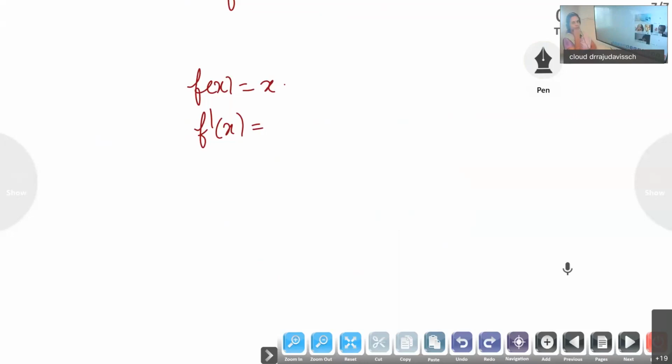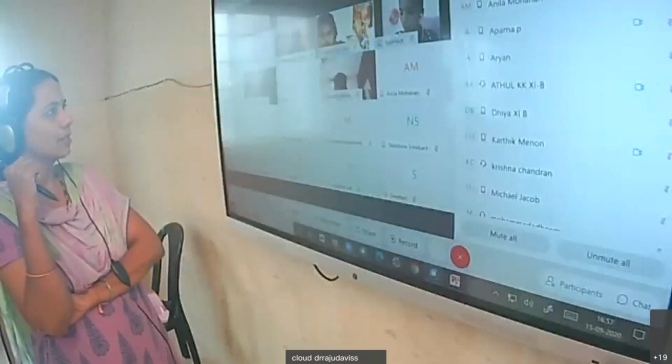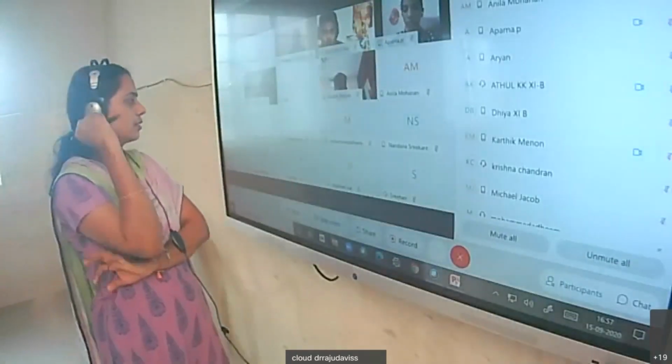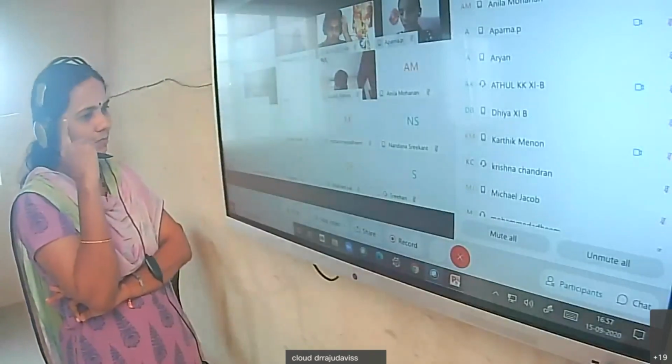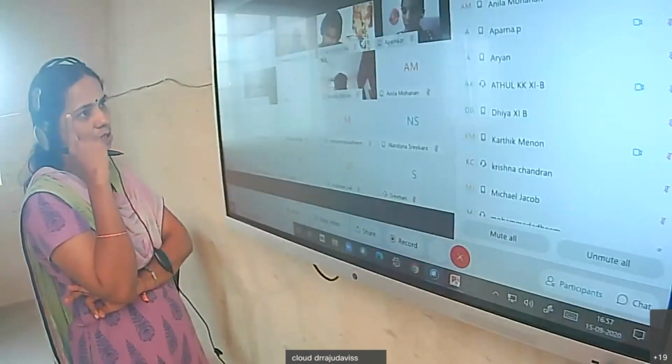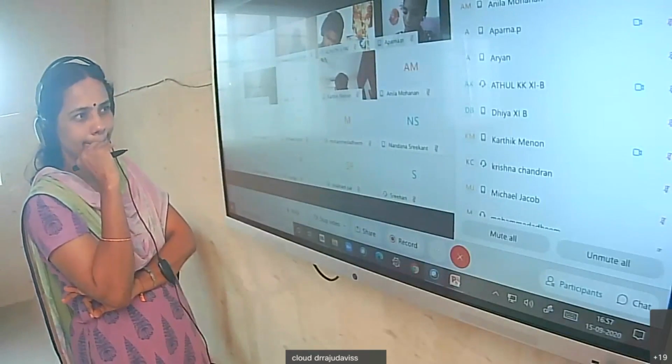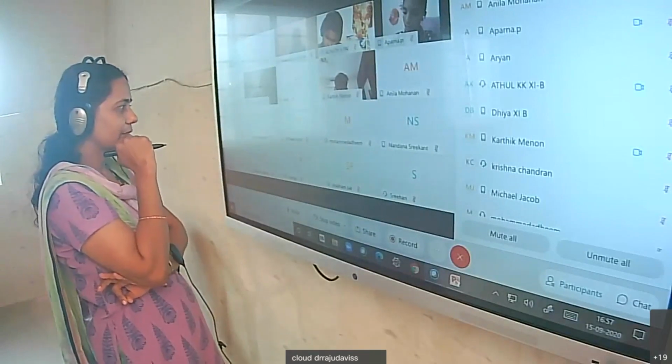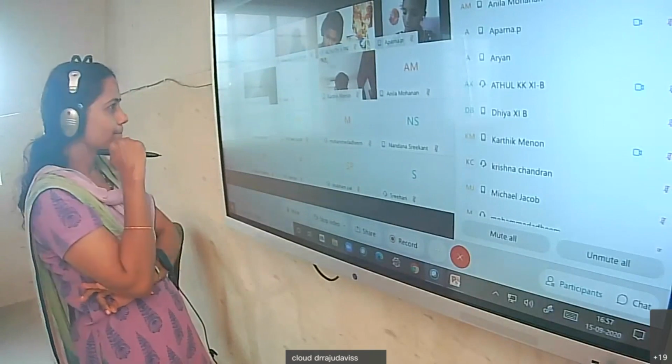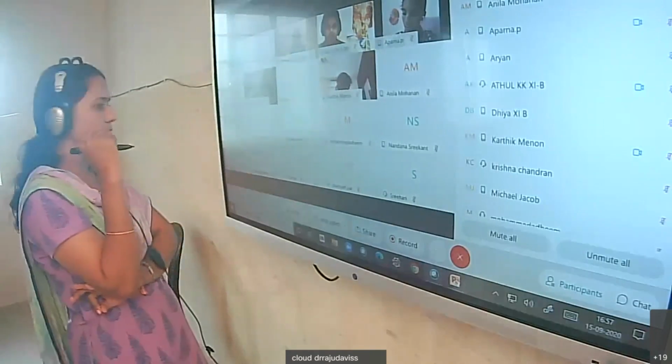What is f dash of x? What's the answer? Aryan? It is 1. Yes. Who is giving the answer? Achyut. What about your answer, Krishna Chandran? F of x is x. So what is f dash of x?